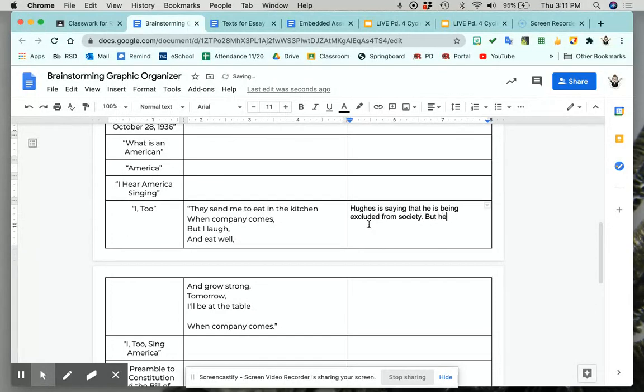But he is using his time to grow stronger so that tomorrow he can reclaim his place in society. Right? Because he's saying he's going to laugh and eat well and grow strong, and tomorrow he will be at the table when company comes. All right, so I've broken down what I think Hughes is saying in that quote.